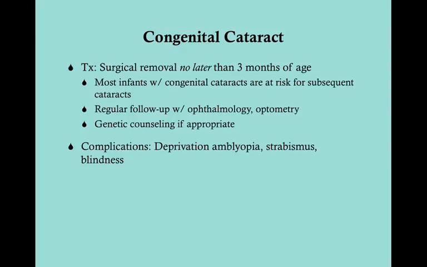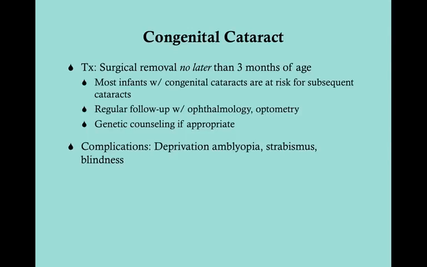And of course, you should also treat whatever is the surrounding cause, the contributory cause to the congenital cataract, if you can. Regular follow-up with ophthalmology and optometry is going to be important, and genetic counseling is useful as well, especially if it's one of those genetic disorders.